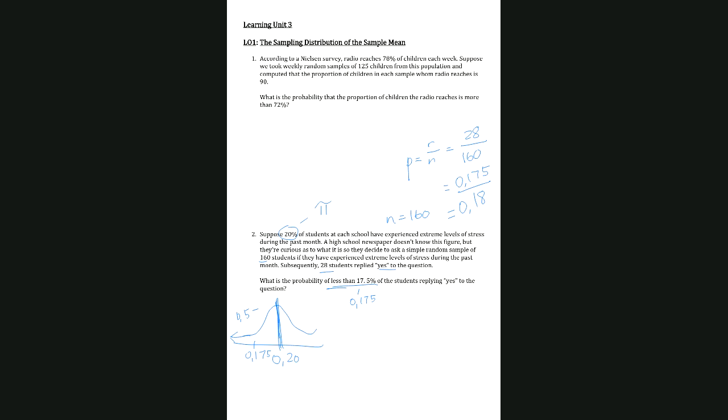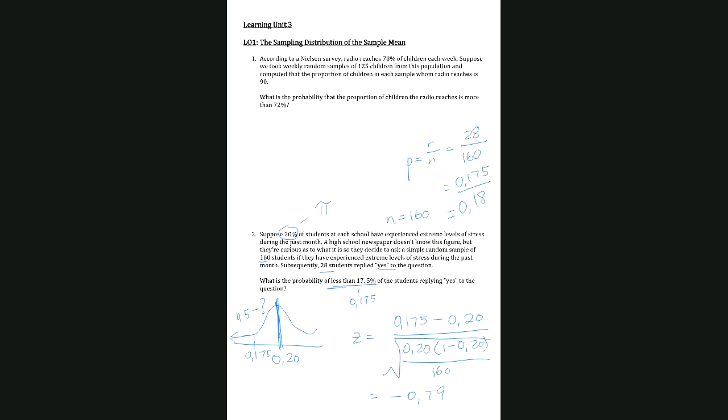Remember, we want to know what do we subtract from 0.5. So we calculate Z first, which is P, 0.175 minus pi, which is 0.2, over the root of pi multiplied by 1 minus pi over n, which is 160. And that gives us a Z value of minus 0.79.